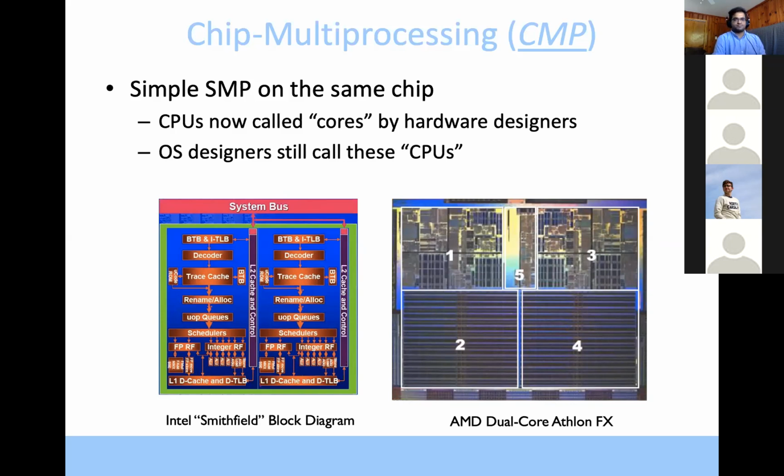Is the number of cores, like, is there a Moore's law for the number of cores as well? There isn't. So I think the reason that happens is that at some point, adding more cores to your chip may not be useful. There's a couple of different trade-offs.